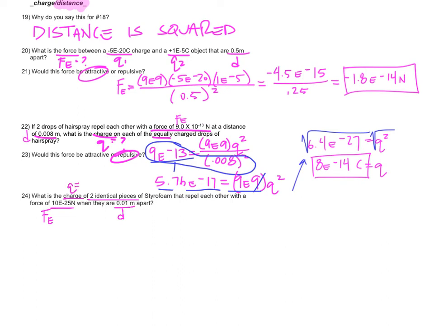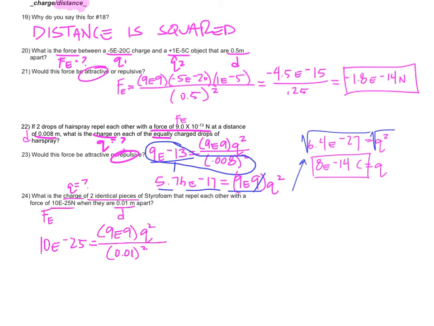So Q is unknown. Okay, so if I write that out, I get my force is 10 times 10 to the negative 25th equals K, which is 9E9, times, since both charges are identical, I'm going to express it as Q squared divided by, and their distance is 0.01 squared. Okay, so again, I've got Q on the right, and it is part of a fraction.